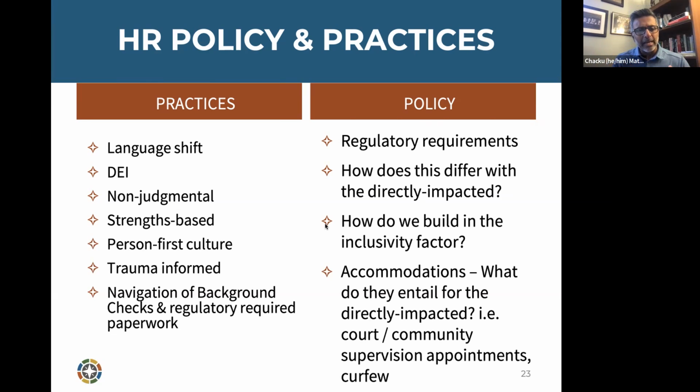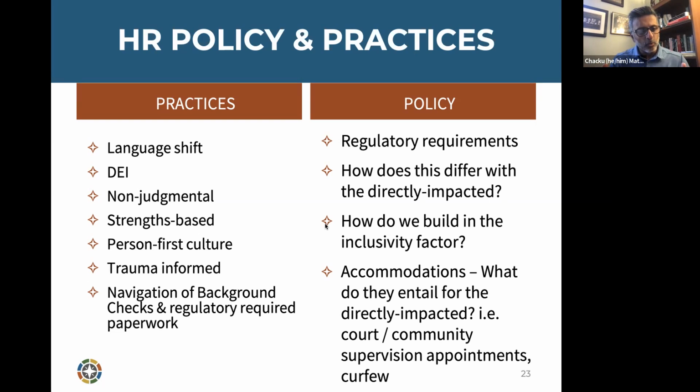But moving into the background checks navigation, I wanted to emphasize a couple of points: sometimes providers don't realize how much latitude they have. There's a process in New York State where people have to go through a justice center background check, and information comes back to the provider about that person's background.